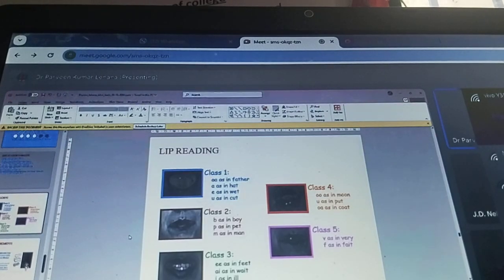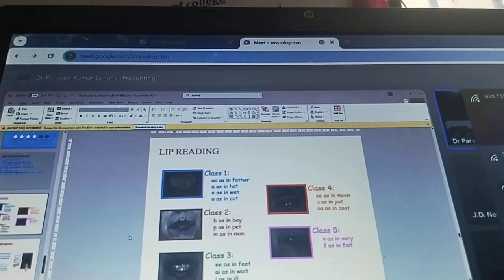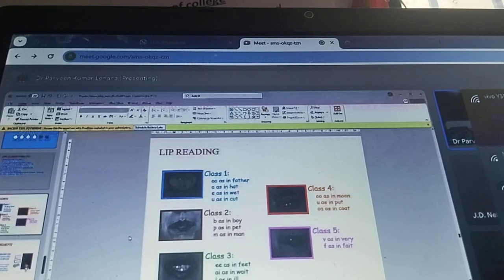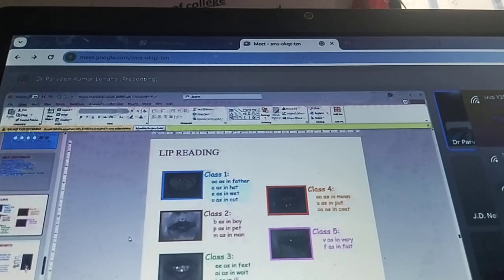Here is another application where we can use neural networks: lip reading. We all know that when we speak, for example, when we say p, or when we say b, papa, baba, in both cases the lips are closed.